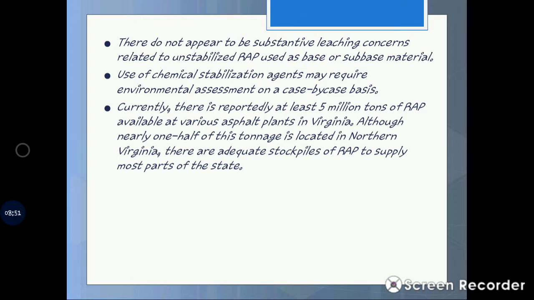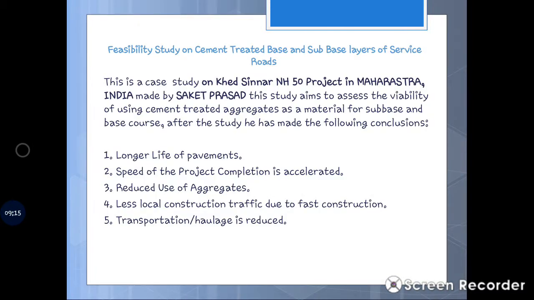And lastly, there is reportedly at least 5 million tons of RAP available at various asphalt plants in Virginia, although nearly one half of this tonnage is located in northern Virginia, where there are adequate stockpiles of RAP to supply most parts of the state.